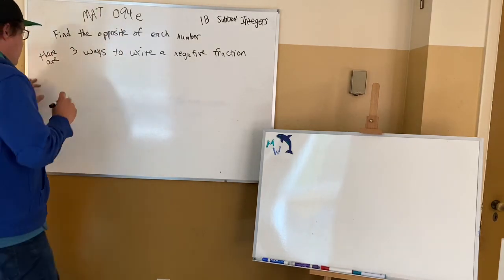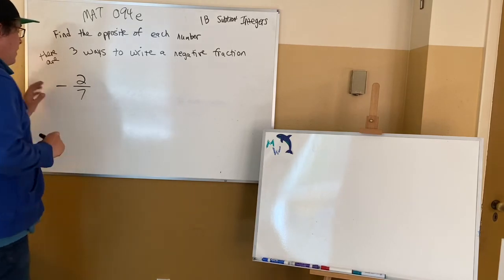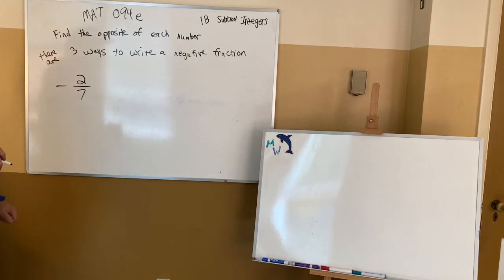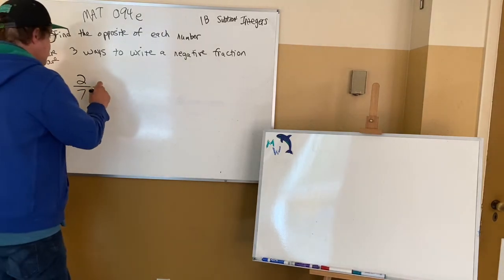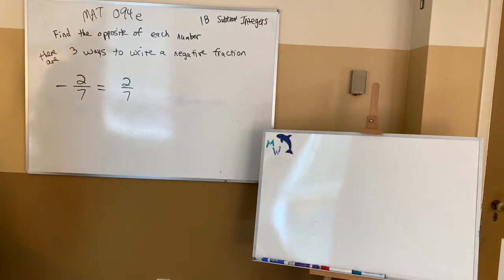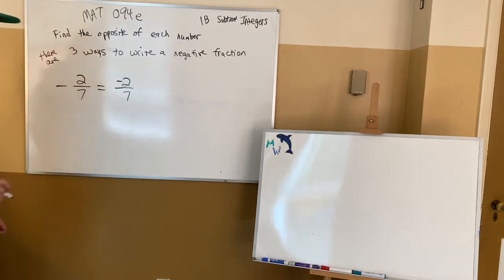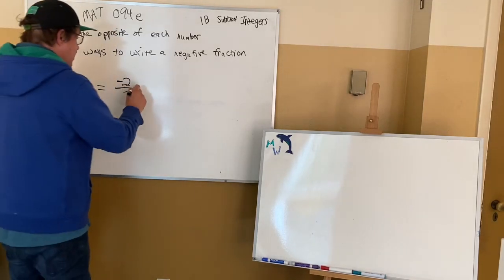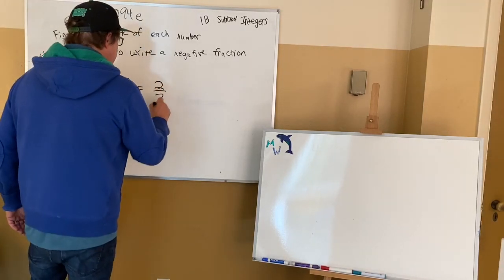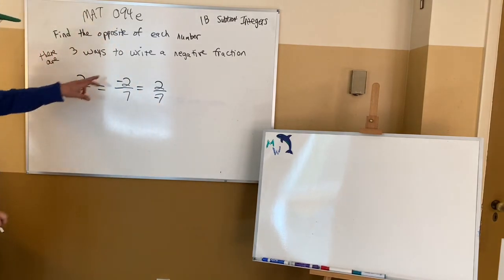If we have 2/7 and it's negative, some people call that negative 2/7. This is the same as 2/7 with a single negative on the top, negative 2 over 7. The trickiest one, which is also worth the same thing, is when we have 2 over negative 7.